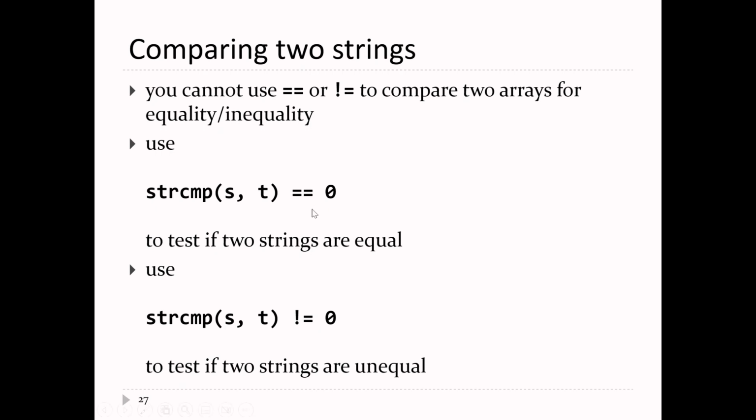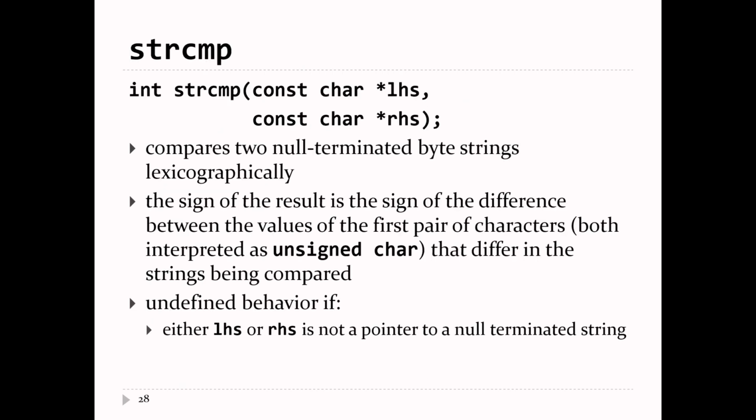So if it returns 0, then that means the two strings have the same sequence of characters. They have the same length, same sequence of characters. If it's not 0, then they're not equal. So either their lengths are different or their sequences of characters are different. But it returns extra information as well. It actually compares the two strings lexicographically, or in dictionary order. So if the left-hand side comes before the right-hand side in the dictionary, then you get back a negative value.